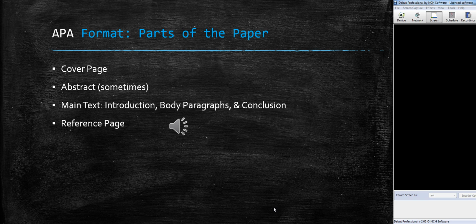That will be up to the instructor who assigns it and up to the publication if you're actually trying to publish an article. The next section, which is the biggest, would be considered the body or the main text of your paper. That's the paper itself. When people say this is the paper, that's what they're talking about. That would include your introduction, your body paragraphs, and a conclusion.